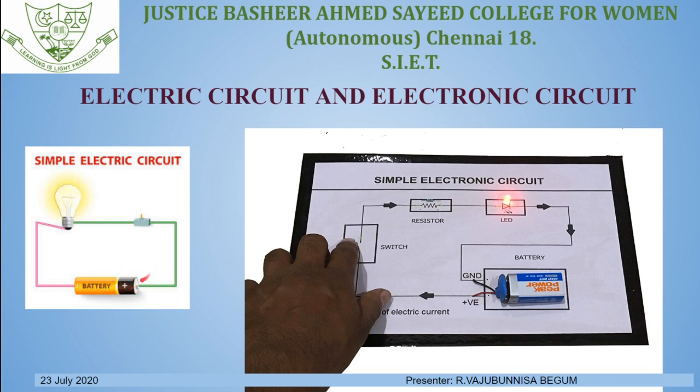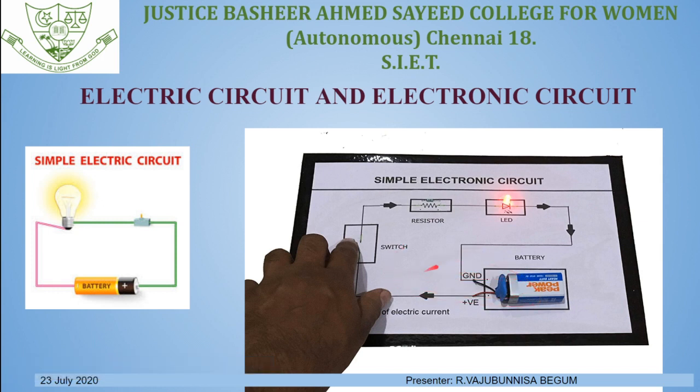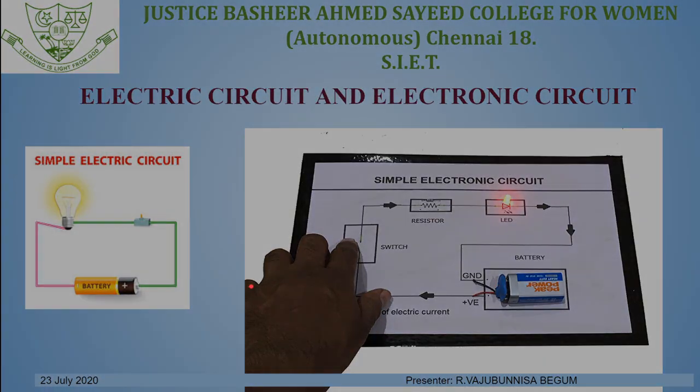That is normally referred to as an electric circuit. Whereas an electronic circuit is a complete course of conductors through which current can travel. Circuits provide a path for current to flow. To be an electronic circuit, this path must start and end at the same point.